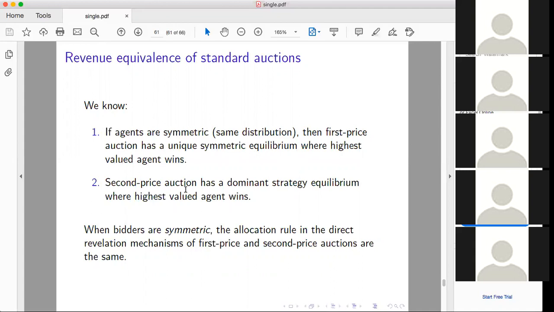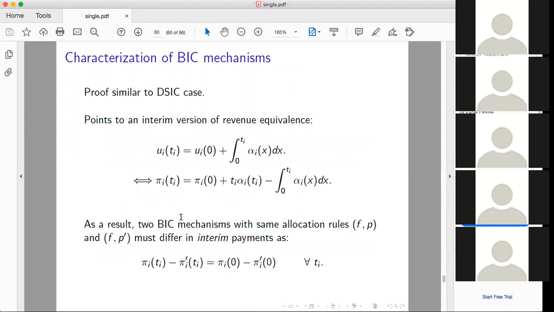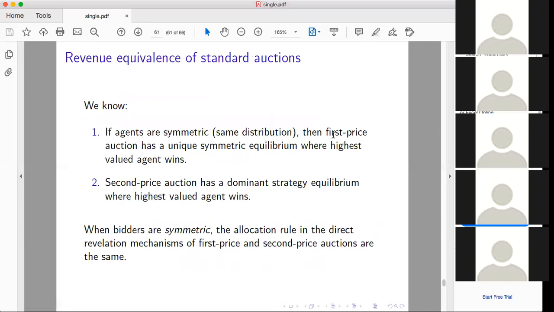We know that in the second price auction also, the highest valued agent wins in a dominant strategy equilibrium. So what this is saying is that when bidders are symmetric, the allocation rules in both the mechanisms are the same. That's what this revenue equivalence is hinting at, that f is the same. That's what we are observing in first price and second price auctions: in the Bayes-Nash equilibrium of both the games, the allocation rule is the same.